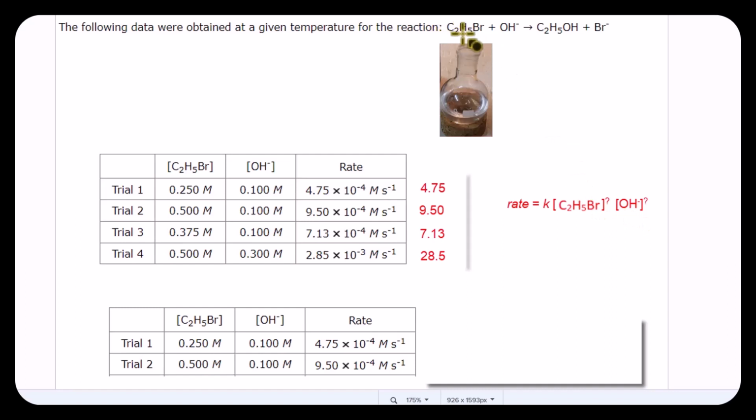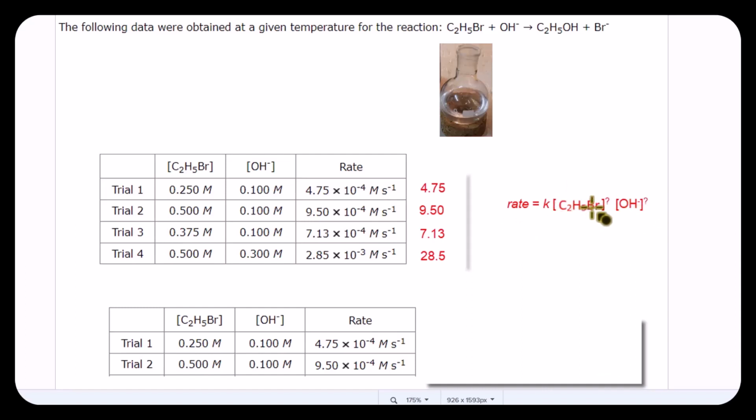We're concerned with the two reactants and their concentrations. Fortunately, you can ignore the products. They're just the ones that are going to be made, and it's the concentrations of the reactants that are critical. Now you'll notice I have a question mark here and a question mark here, because the key to these rate law problems, aside from having just the reactants in the expression, is the power that they're raised to.